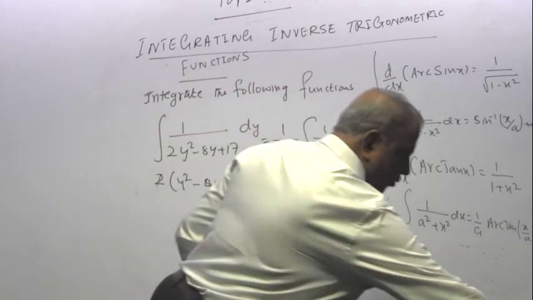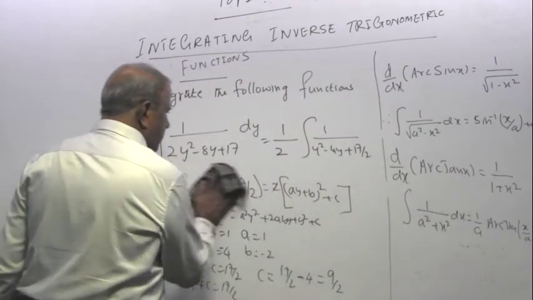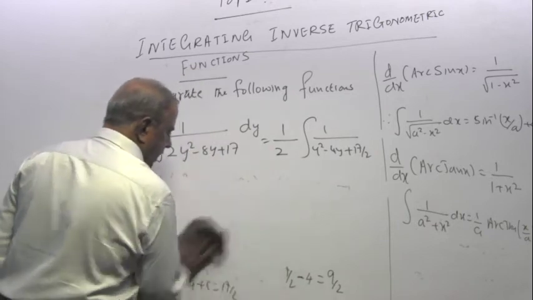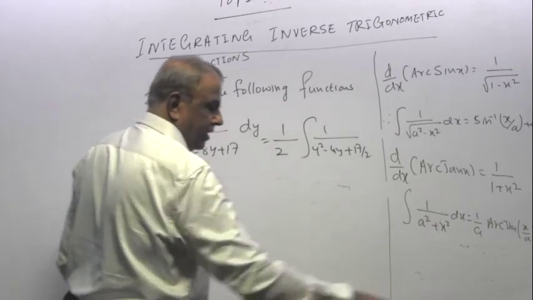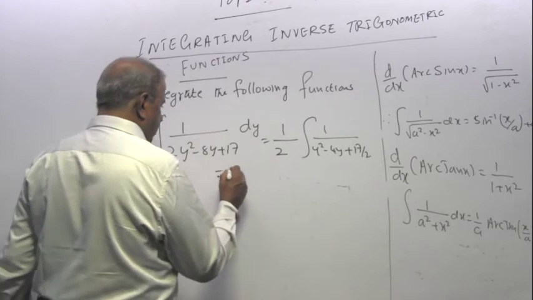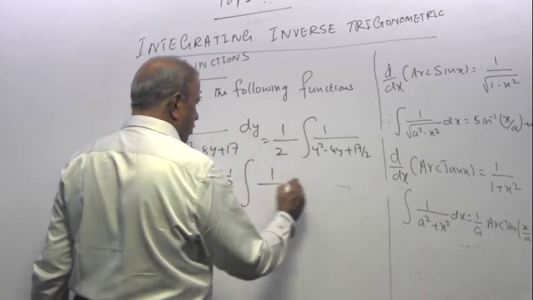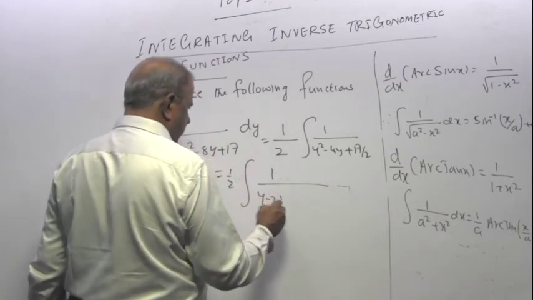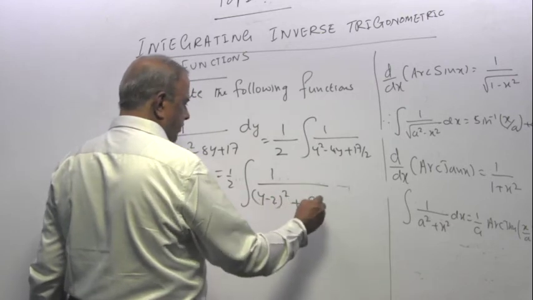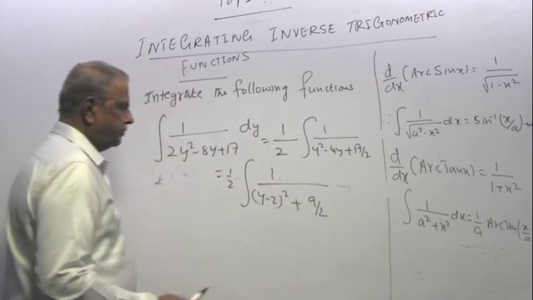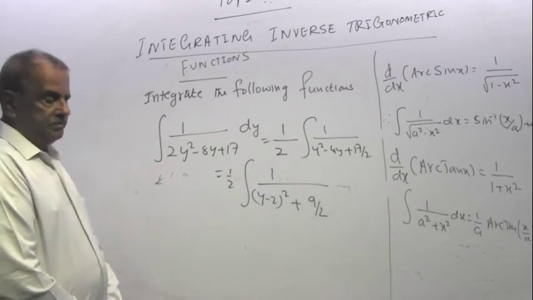So once I do that, I know a, b, c. I've shown you how to do it. So it is half integral 1 over (y minus 2) whole squared plus 9 over 2. Yeah? Okay.